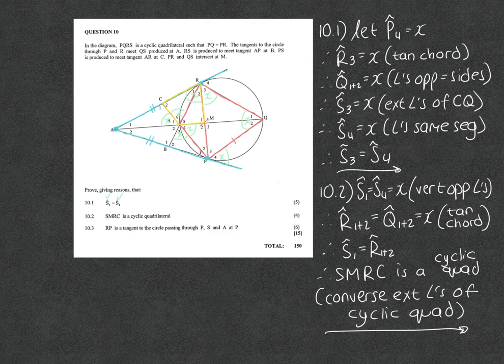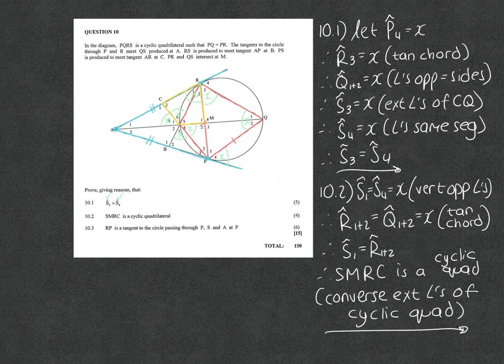10.3, RP is a tangent to the circle passing through P, S, and A at P. So we need to prove that RP is a tangent to the circle. Okay, so let's use another color here. Let's use purple.